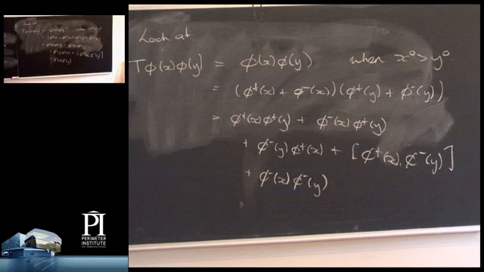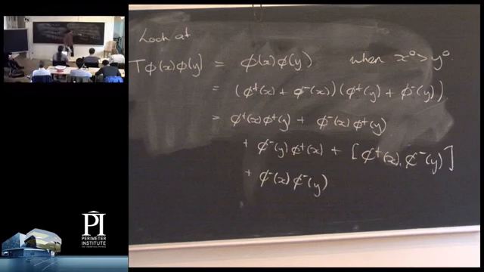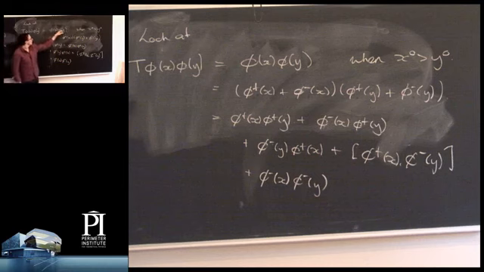Okay, all good? So what have we got? This, and this is the definition of the normal-ordered product of phi x and phi y. And what we're left with is this commutator.